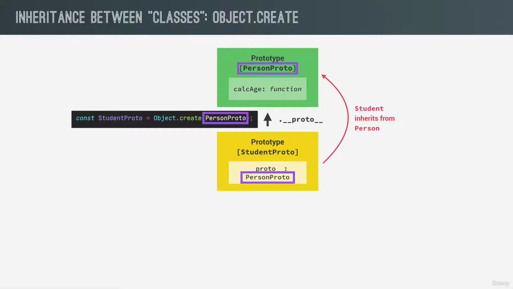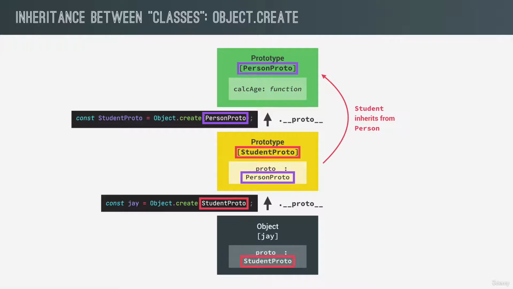Now to finish, all we need to do is to use Object.create again, but this time to create a new actual student object. And of course, we make this student, so jay in this course, inherit from StudentProto, which is now jay's prototype. And like this, we created a nice and simple prototype chain. So jay inherits from StudentProto, which in turn inherits from PersonProto. And therefore, the jay object will be able to use all the methods that are contained in StudentProto and PersonProto.